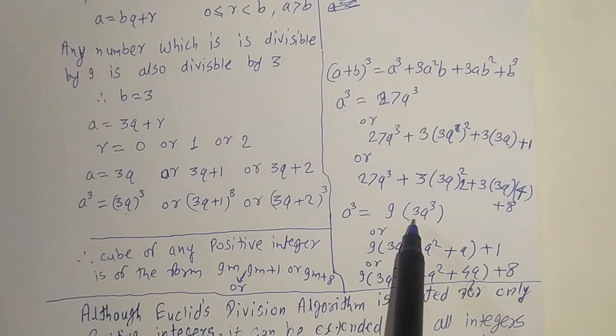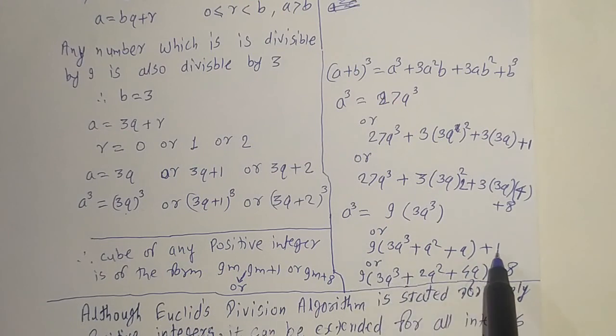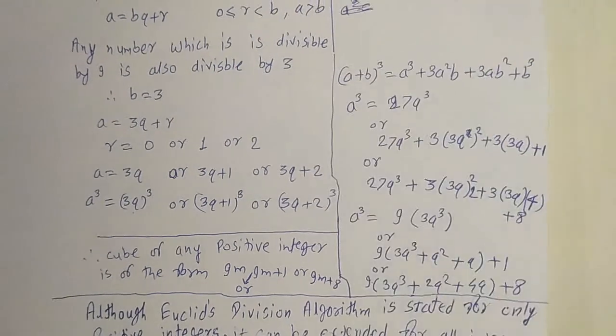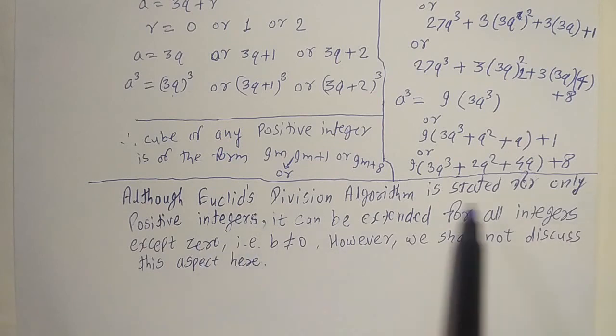So replace 3q cube by m, it will be 9m. It is of the form 9m, 9m plus 1, 9m plus 8. That is our required answer. One more thing in this chapter is to understand that you have applied Euclid's division algorithm only for positive integers.